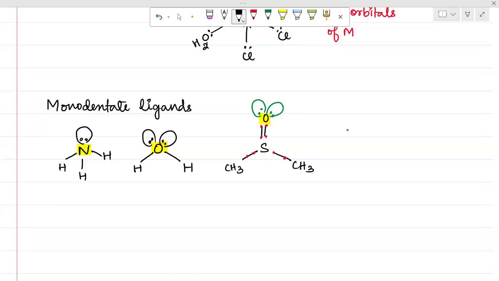Correct? Then you can have nitrogen. Okay, there are 2 donor atoms, but at a time only one will act. At a time, only one of the nitrogens will donate. Okay, so this is a monodentate ligand. I hope you understand. Carbon monoxide and NO, very important.